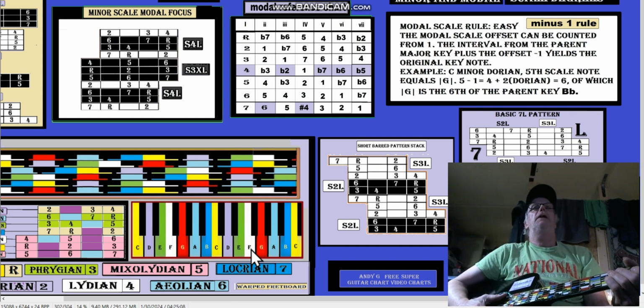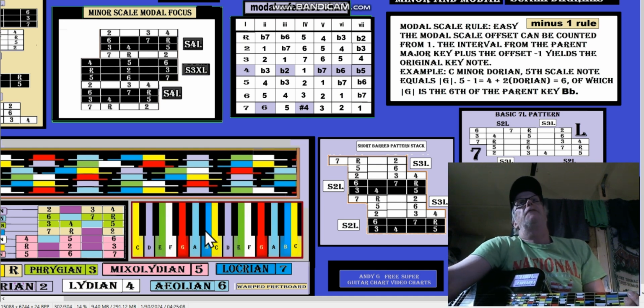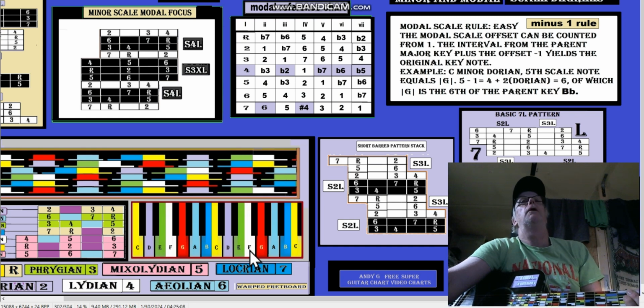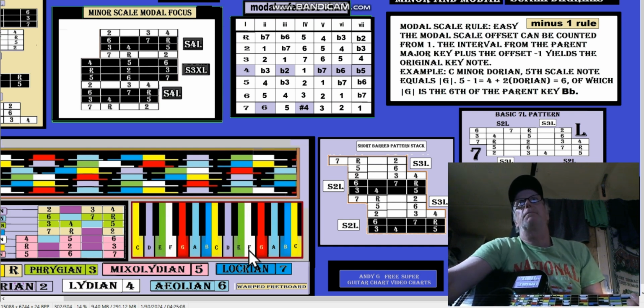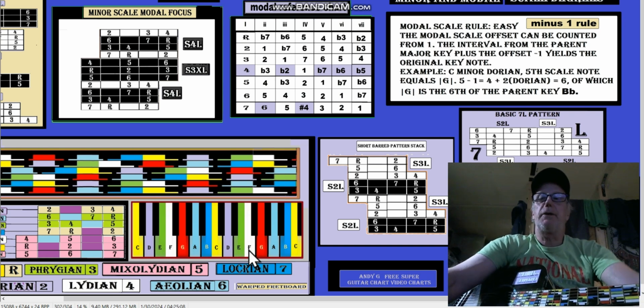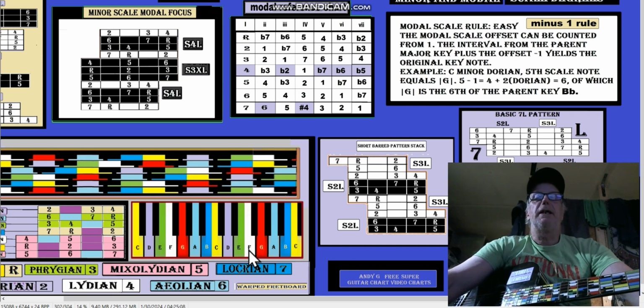So that's why we subtract 1. The F being the 5th of B flat, subtract 1, that's 4. And if we're on the F, that's just 1. That's the first one of that scale, so add 4 to 1, you get back to 5. Be careful of things like that where the example you're looking at ends up being the same thing.